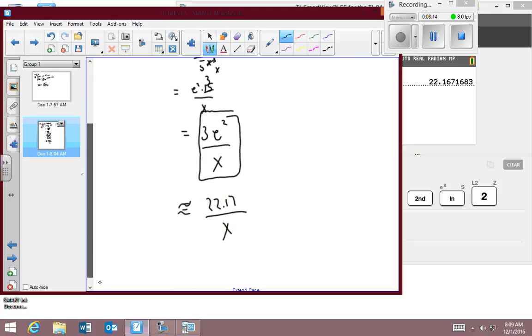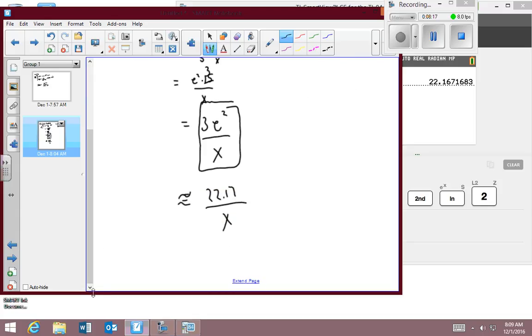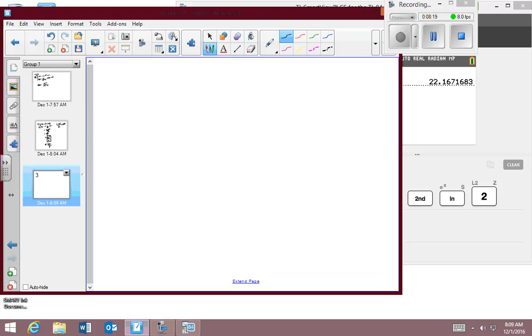Okay, we had 4. So what I want to do, 6. f of x equals 4x ln x. Okay, we're going to have to do a chain rule, so it would be the derivative of the 4x, which would be 4, times ln x, plus the first term times the derivative of the second term.